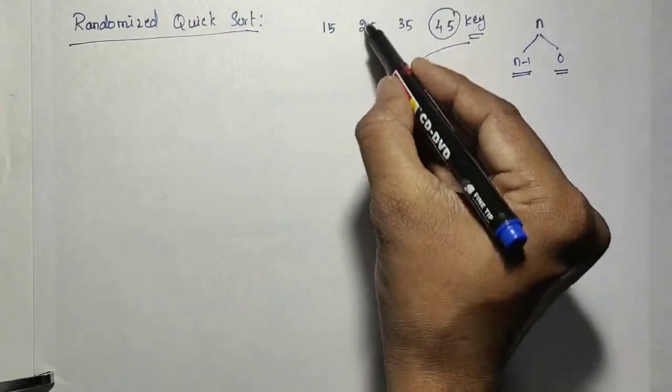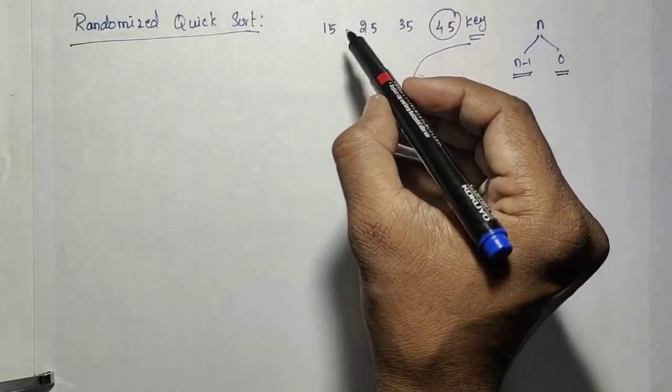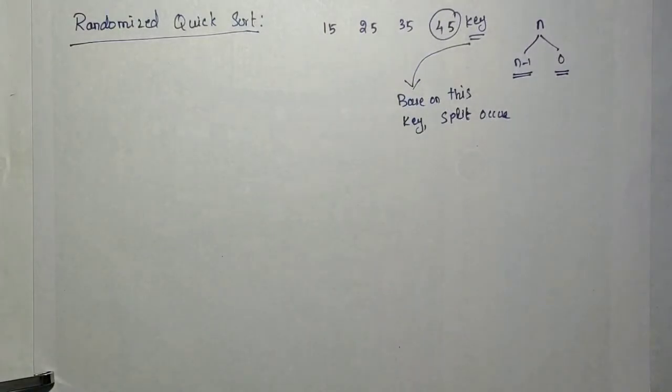So I can choose 25 as the middle element, or 35, or 15 as the key. This will increase the probability of my quicksort yielding the best complexity. Correct? So for that we are going to modify the algorithm.